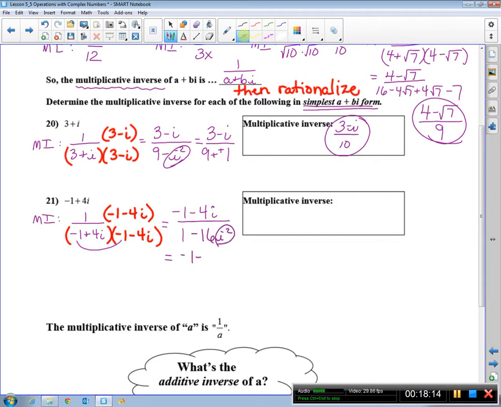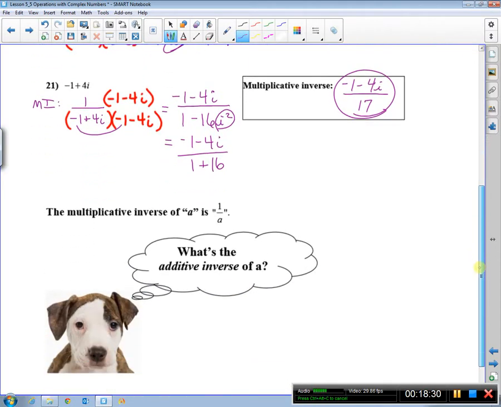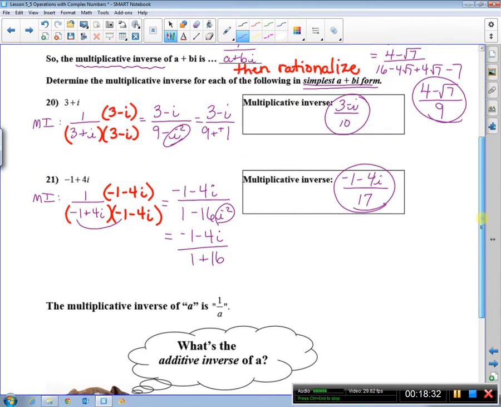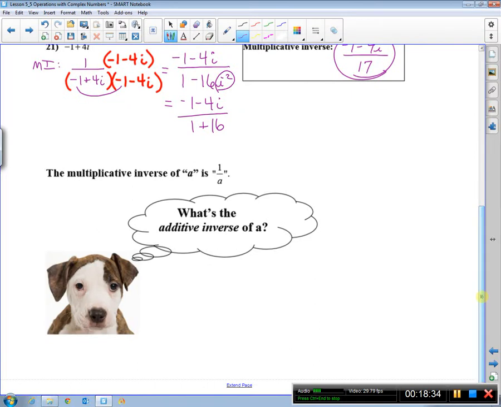So we have negative 1 minus 4i all over 1 plus 16. And there we go. Awesome. Multiplicative inverse. Same as reciprocal, but we need to polish them up because there are radicals in the denominator.